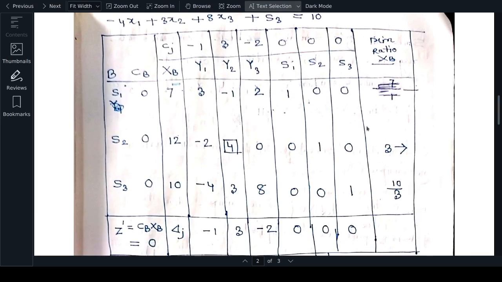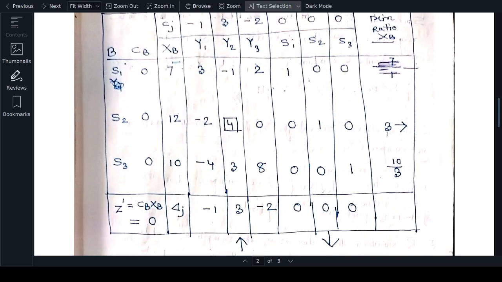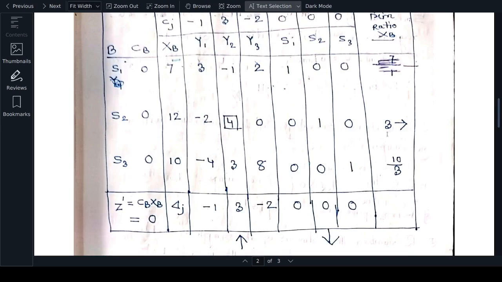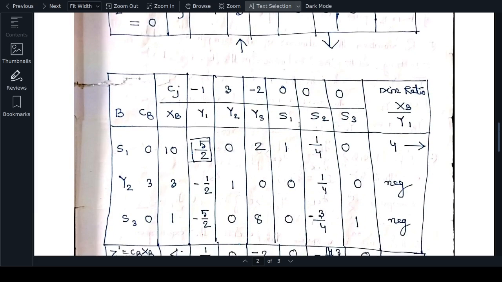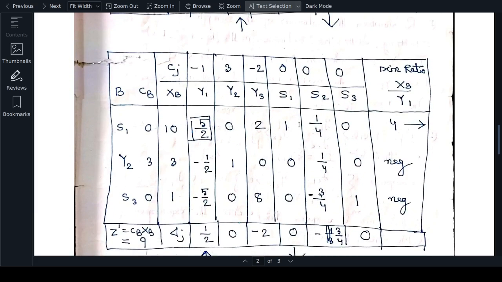S2. So elements will be 0, 1, 0. Just copy and paste it in the incoming vector.